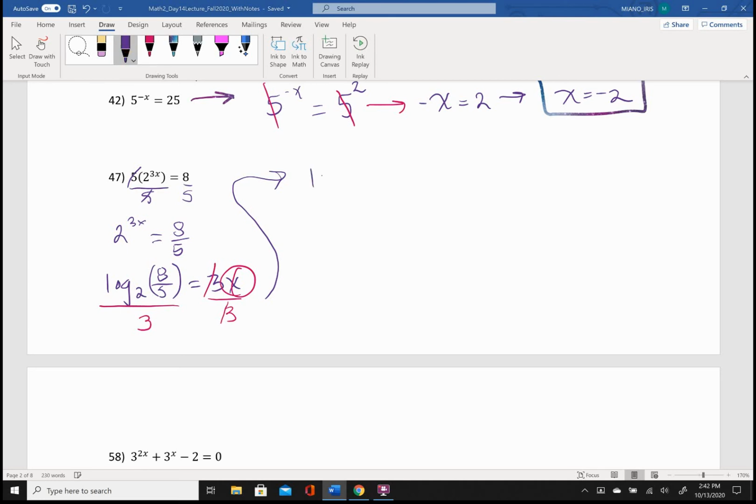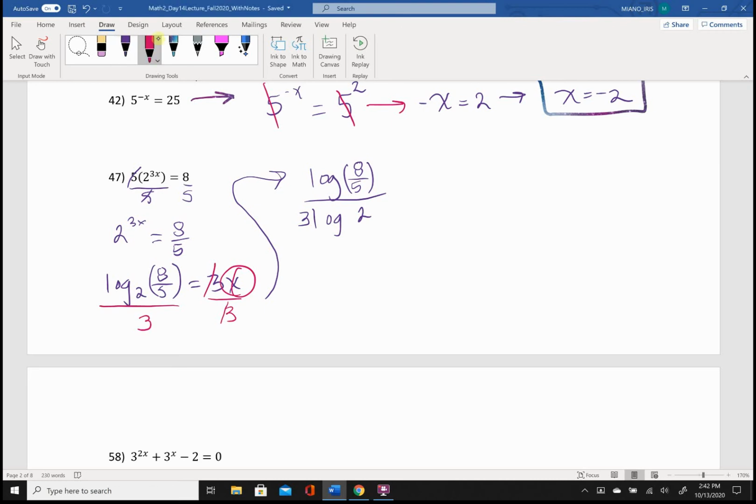And this will be log of 8/5 over the log of 2, right? Big on top, little on bottom. And notice that we're dividing it by 3, so that means that the 3 factor is going to stay behind in the denominator space. So hopefully everybody is understanding how that works there.